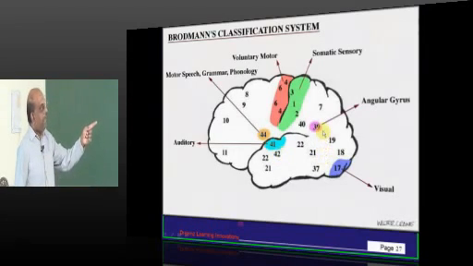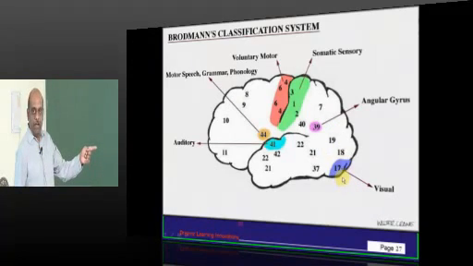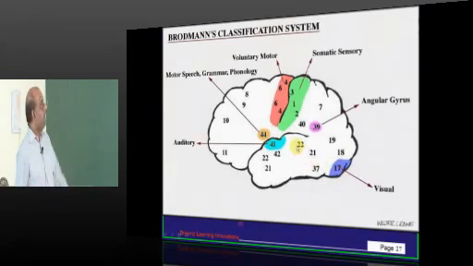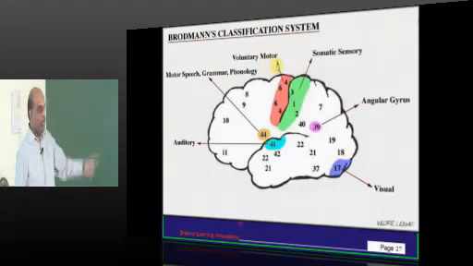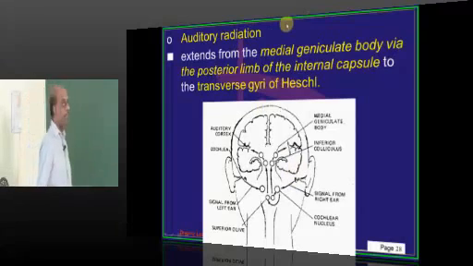Then the angular gyrus is 39. Visual cortex in the occipital lobe, calcarine fissure, that is all 17. Then 3, 1, 2 is somatic sensory, post central, and 4 is basically the precentral gyrus, which is the motor area, is what needs to be ultimately remembered.